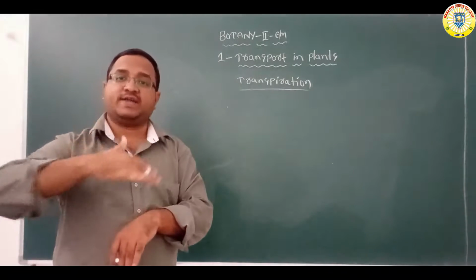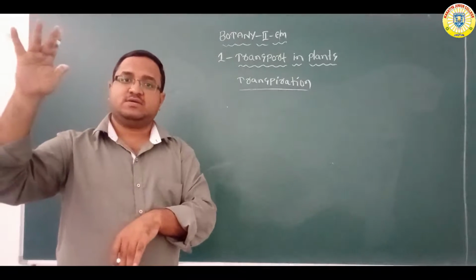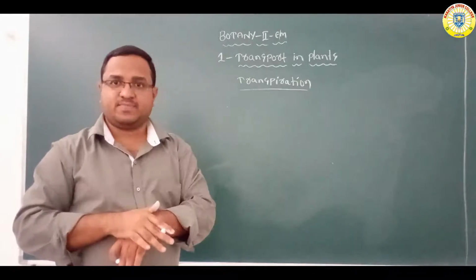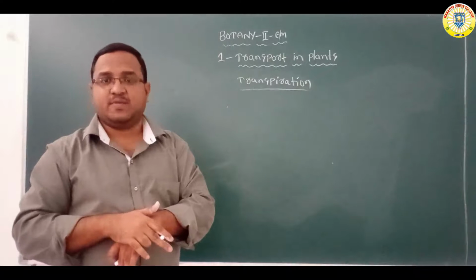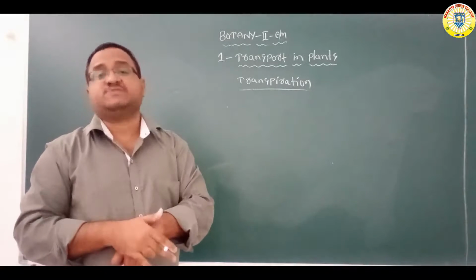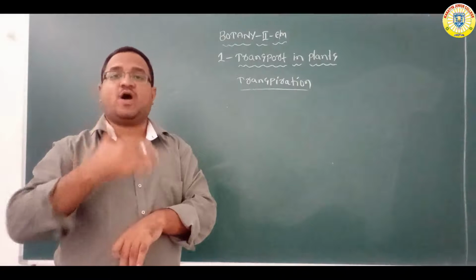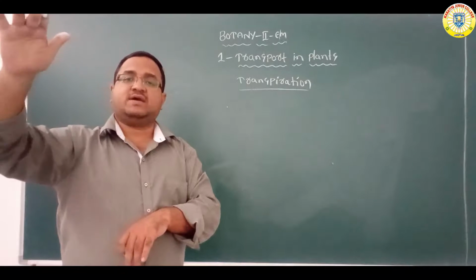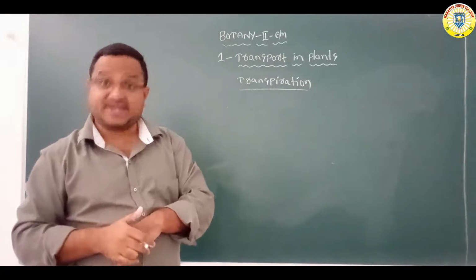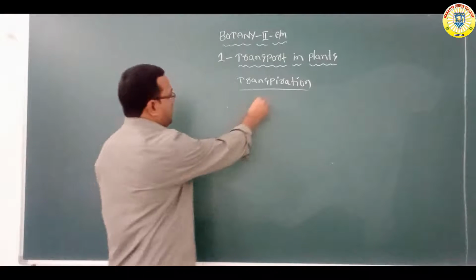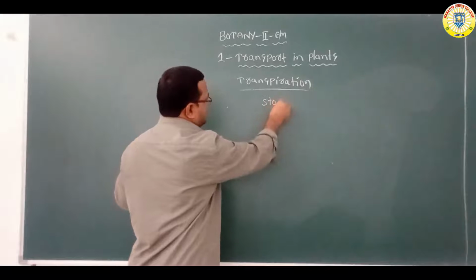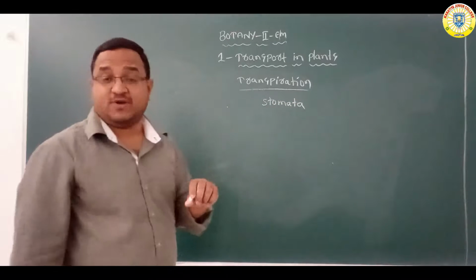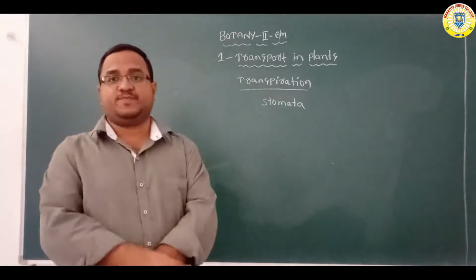The remaining water evaporates into the atmosphere in the form of water vapor. That is called transpiration. So the remaining, excess water evaporates through the stomata into the environment, the atmosphere. That is called transpiration.